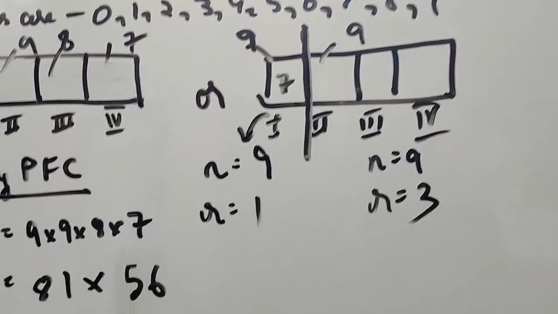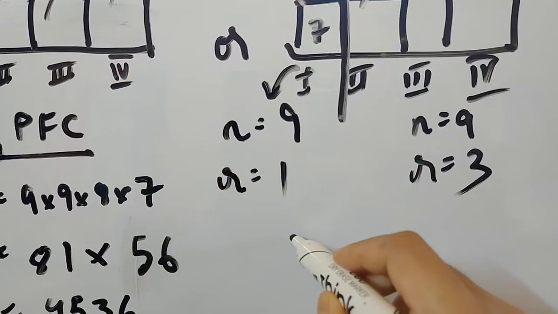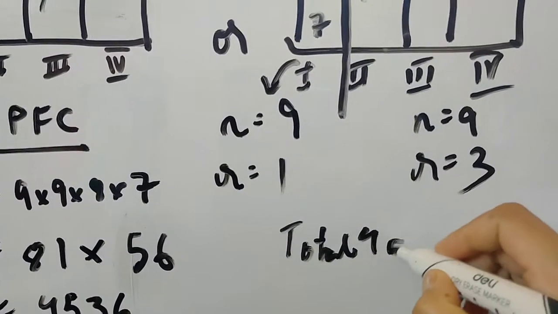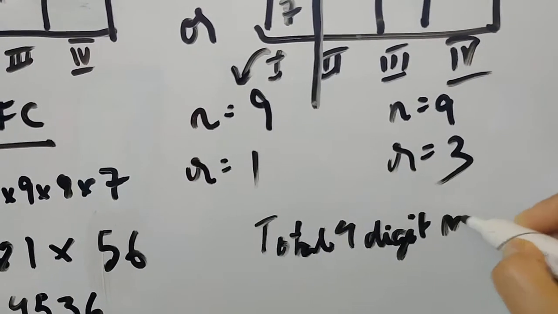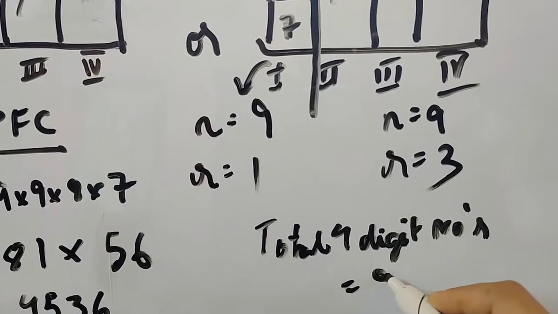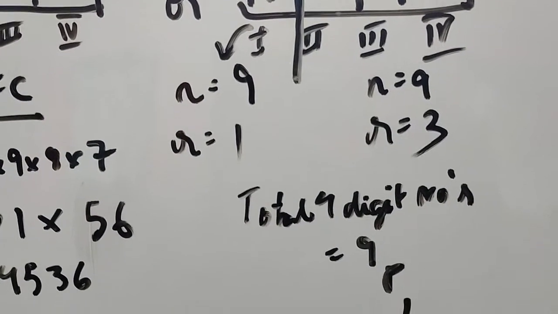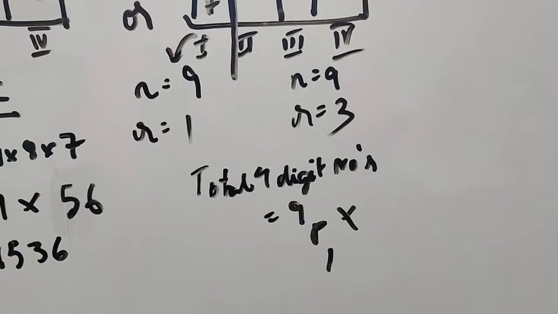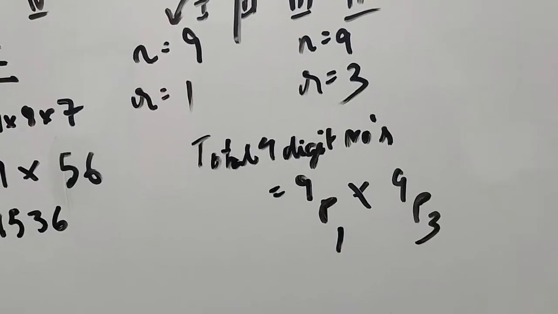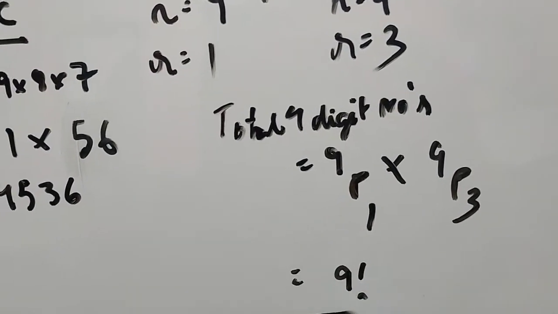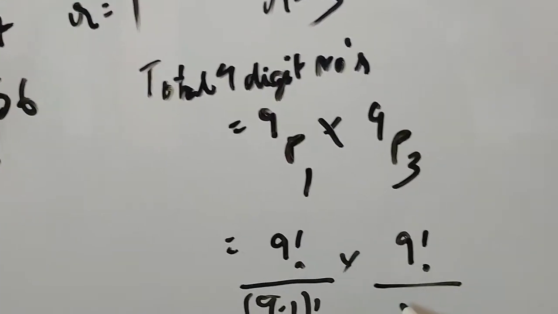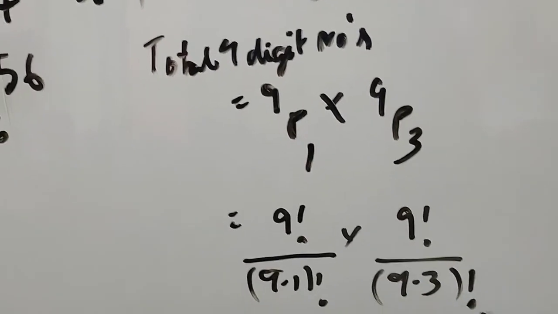Now using the nPr formula, the total number of 4-digit numbers will be, multiply this, 9P1 into 9P3. So you check 9 factorial over 9 minus 1 factorial, into 9 factorial over 9 minus 3 factorial.